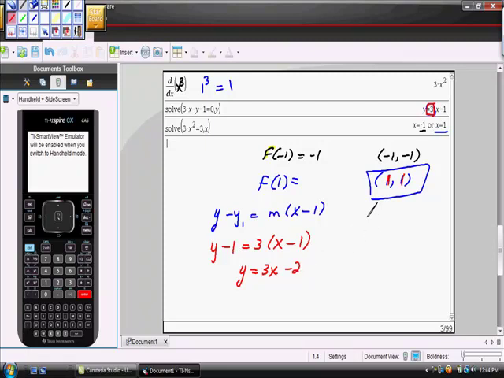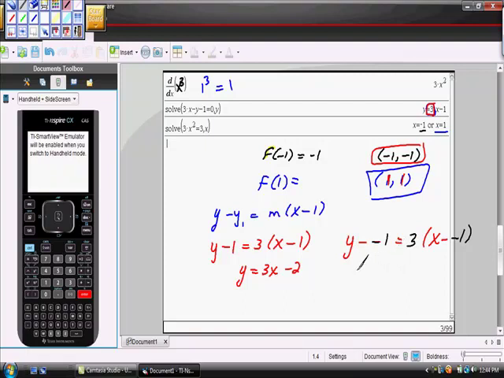And you would do the same thing for this other point, and you would say y minus negative 1 is equal to, whoops, sorry, this should be 3, right? 3 times x minus negative 1.